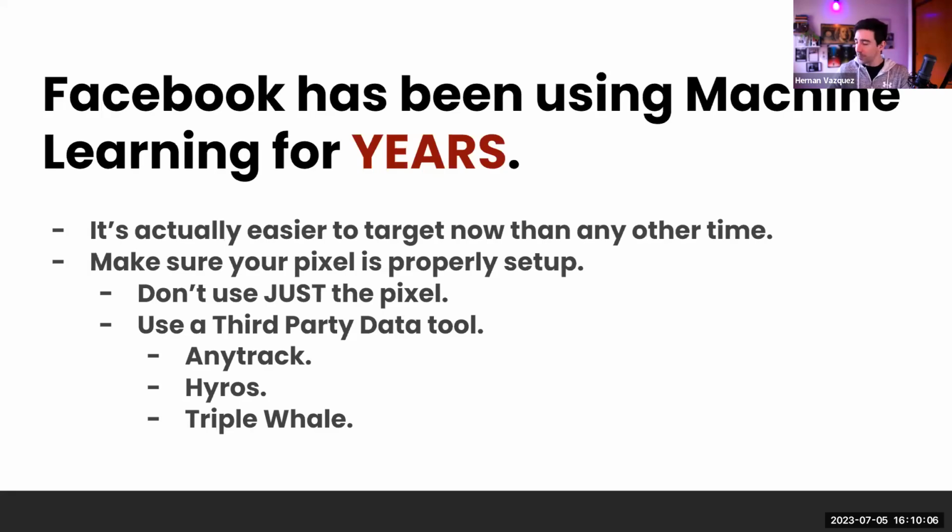Now, the one thing you want to make sure you have properly set up is your pixel, your Facebook or Google pixel. The reason you want this set up the right way is that otherwise you will be flying blind, and the machine learning behind these algorithms will not be able to optimize. The tools I'm going to share with you will not be able to optimize properly either. This has become really, really important.